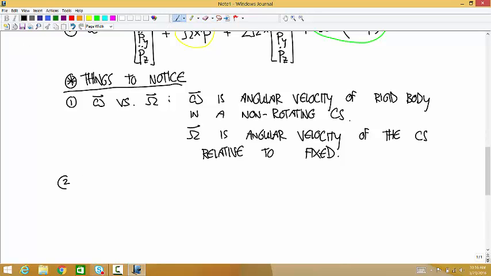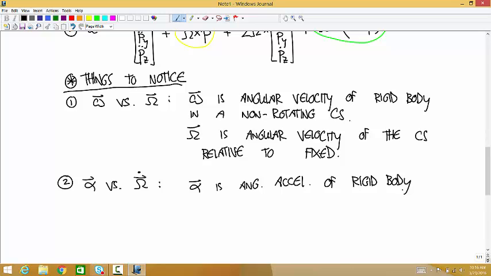The second thing is comparing alpha to capital Omega dot. Lowercase alpha is the angular acceleration of a rigid body in a non-rotating coordinate system.